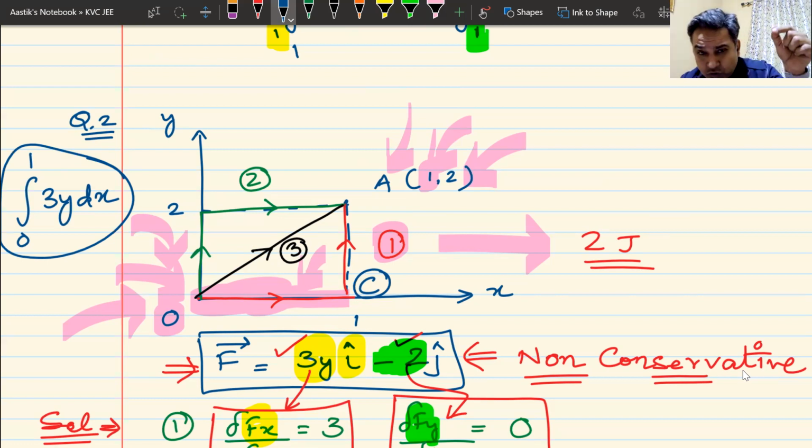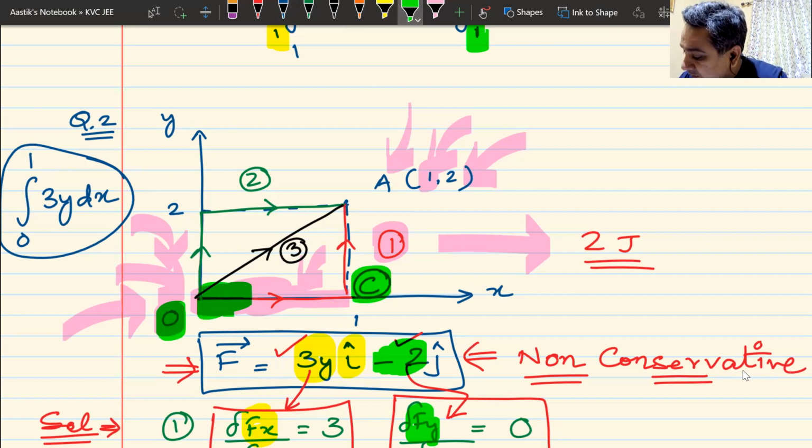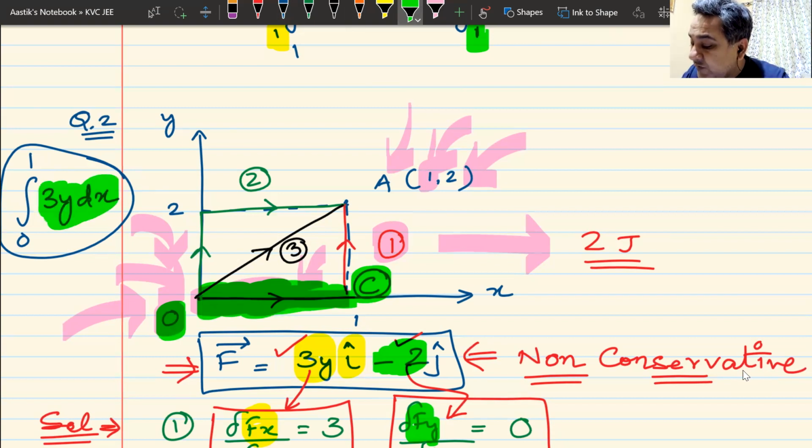When I'm going from O to C, I'm now concerned about this path. Let me use the green pen. In this path, I have to calculate 3 times y dx.